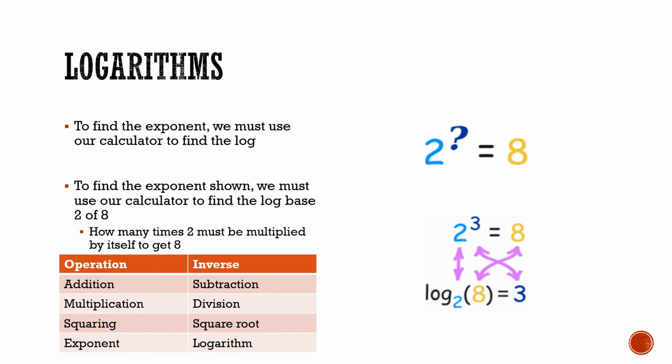Okay, so we've spoken before about how every operation has an inverse. The inverse of addition is subtraction, the inverse of multiplication is division, the inverse of squaring is square root, and the inverse of an exponent is a logarithm. So, if we are given an equation like 2 to the power of question mark equals 8, we then need to use a log to find out what that is.